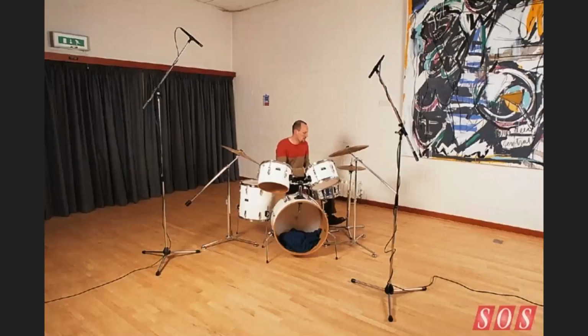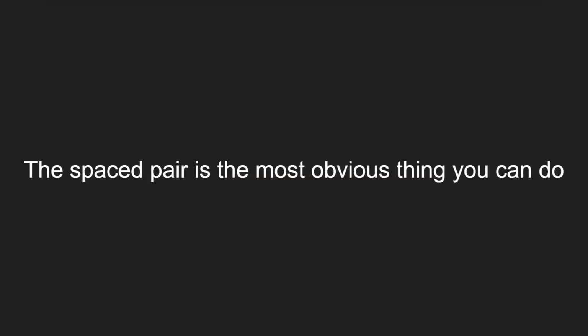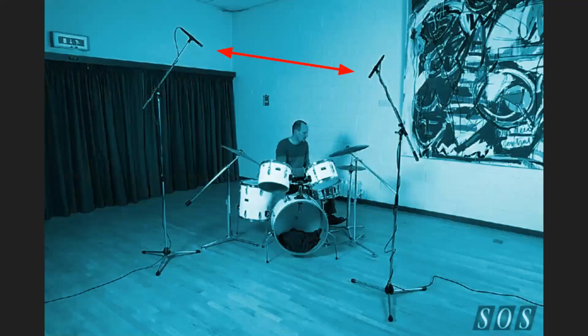And I'm going to start with the most basic thing and the first thing that you would think, and this is also the first thing that they thought of at RCA and Bell Labs: AB, spaced pair. So you get these two mics. They're far away from each other. And now just looking at it and thinking about it, you're going to get these intensity differences, just like how your two ears are different.